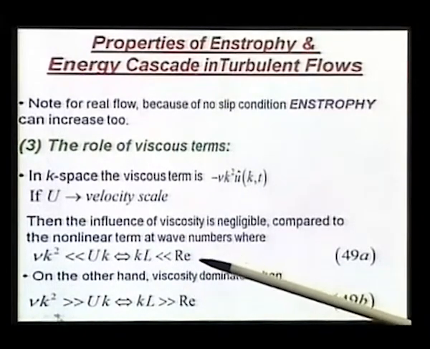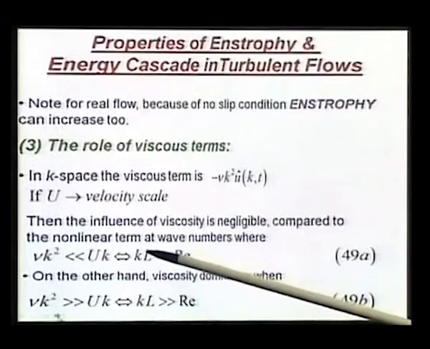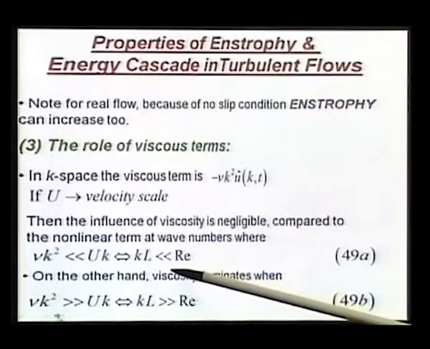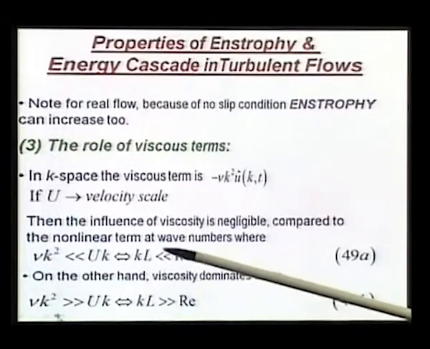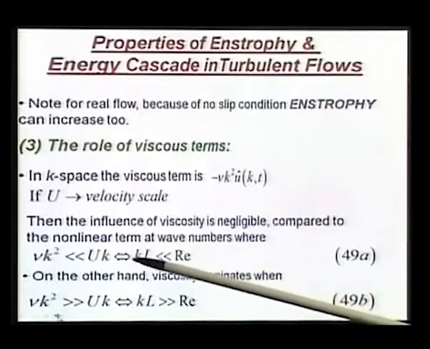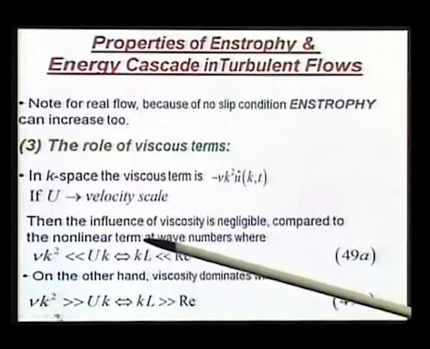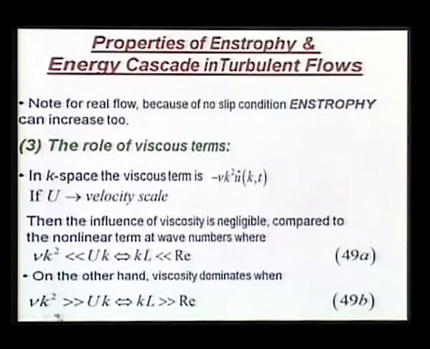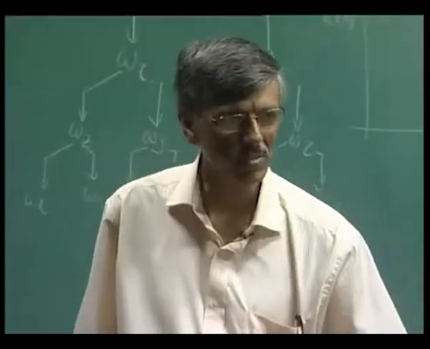So, what does it mean? That those events are, because these are the places where viscous effects are going to be negligible for those cases. And which are those cases? They are small k cases, right.